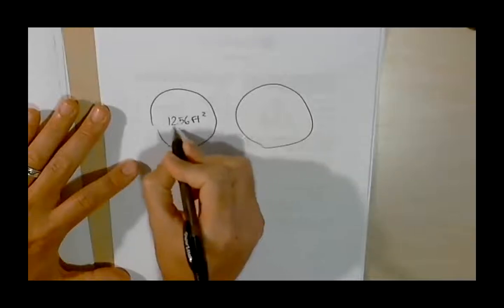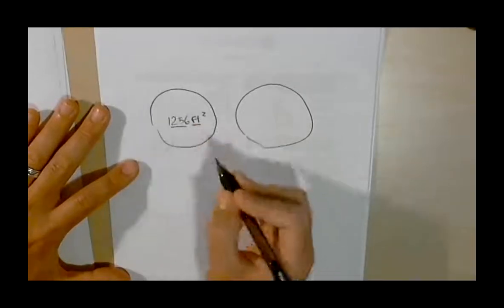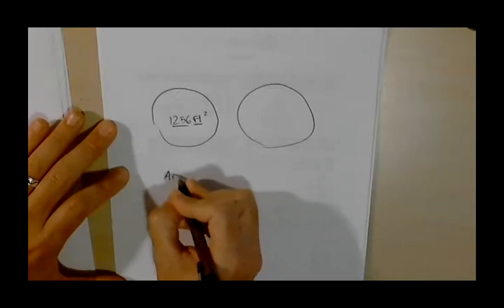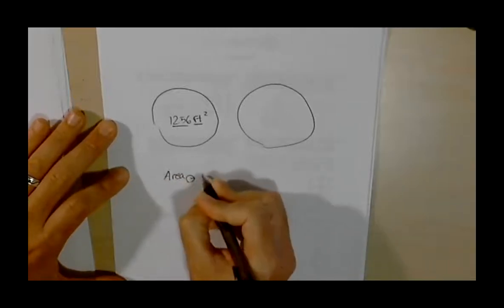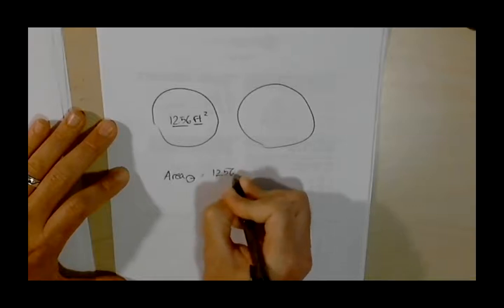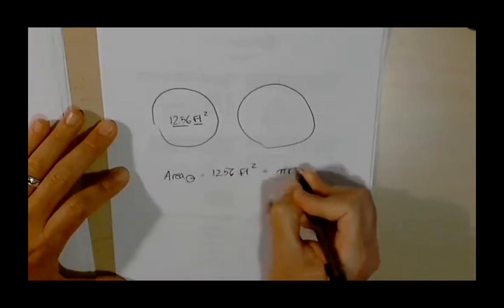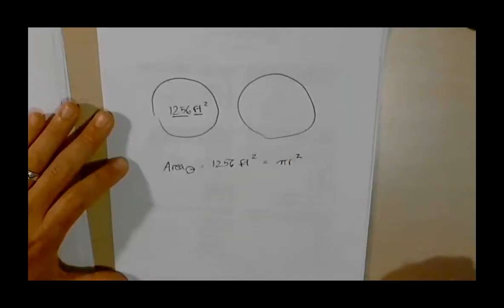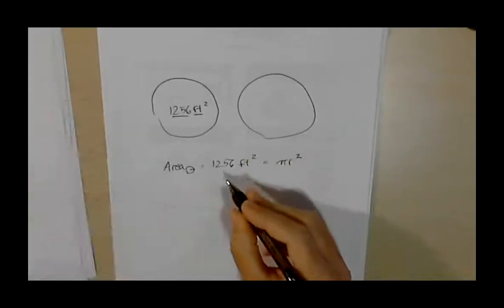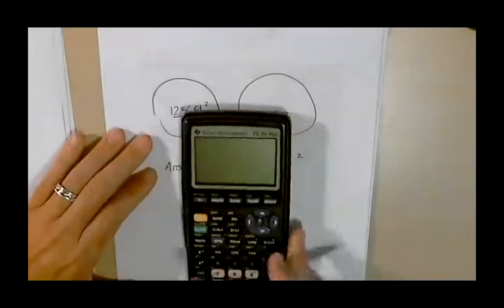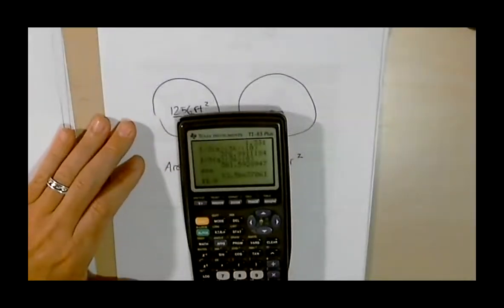Notice I wrote down the units, and I've labeled it. And that reminds me of a formula, because the area of the circle is going to be 12.56 feet squared, and we can set that equal to pi r squared, and we could solve for the radius. So if we divide 12.56 by pi, let me pull out our trusty calculator, and hopefully everybody has something like this.